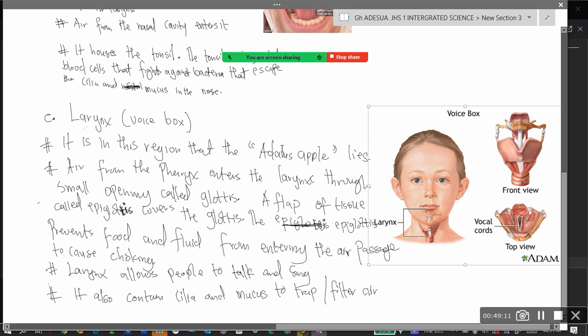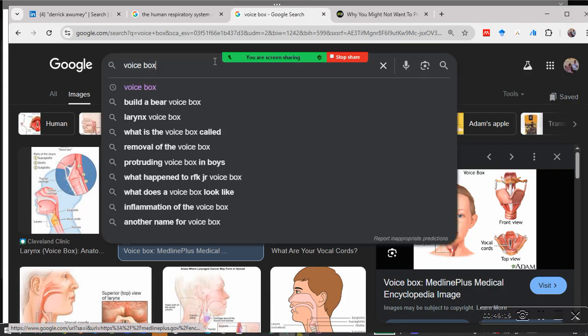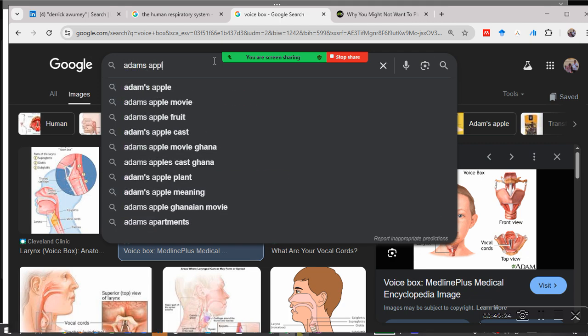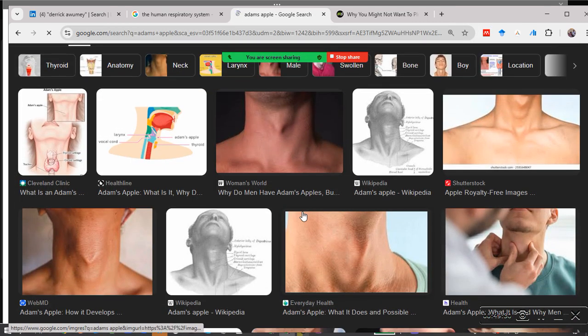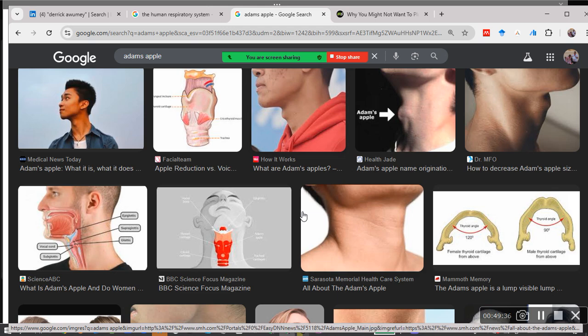Do you know Adam's apple? You see that some men have something in their throat. I believe you know what Adam's apple is. You see some people they have a bass voice and you see their Adam's apple showing everywhere.